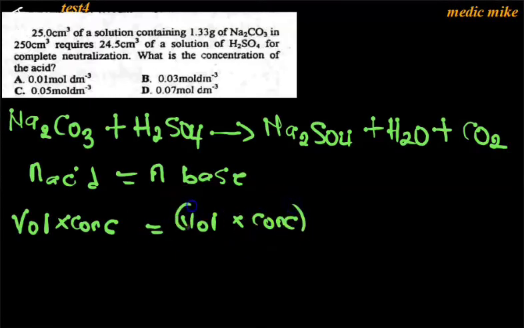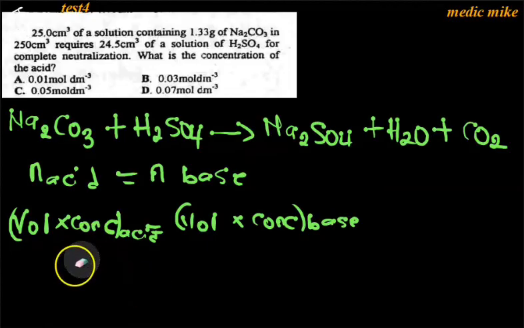I'm just writing this down so you know how we get our formula for solving. This is for base and this is for acid. So if you understand how we got this, you can keep this in your mind, so that when we get all our parameters for solving, we can apply it to our solving.